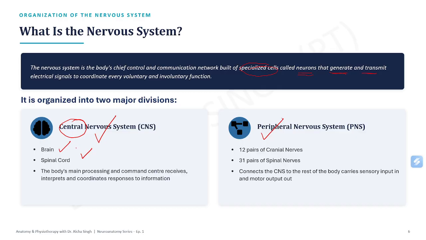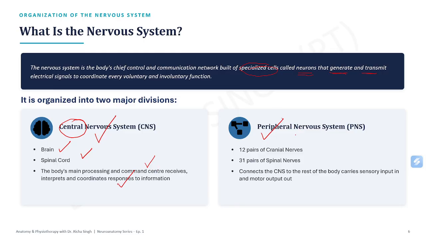They master the nervous system and they regulate your entire body. The brain and the spinal cord are the main processing centers which will give command to the remaining nervous system. It will receive, interpret, and coordinate responses to information.